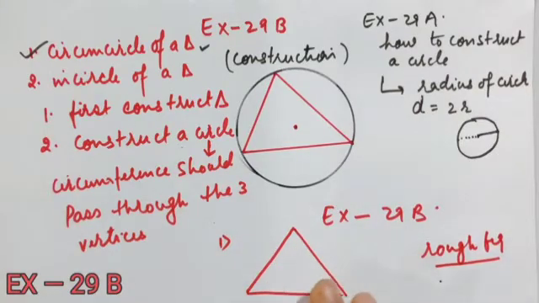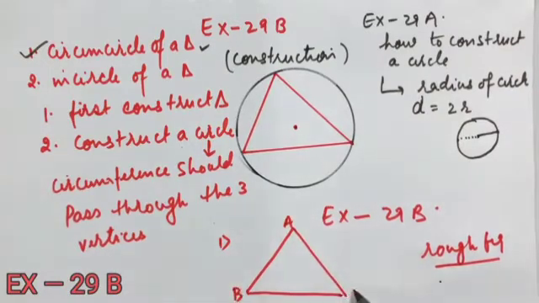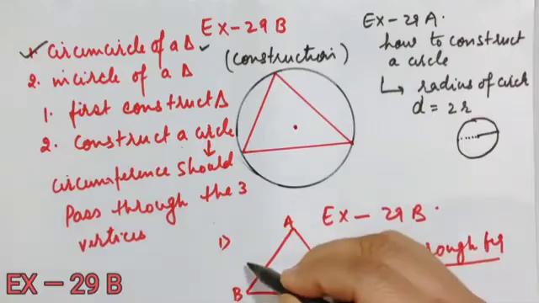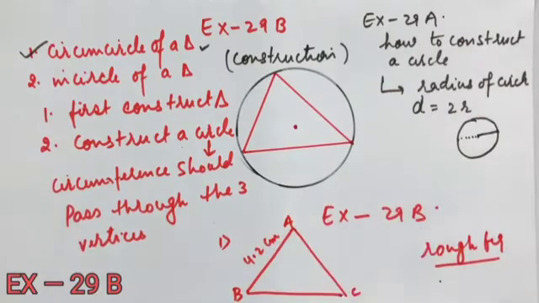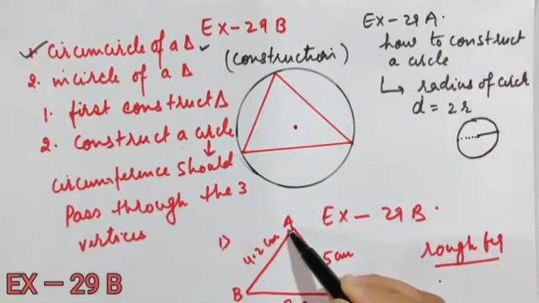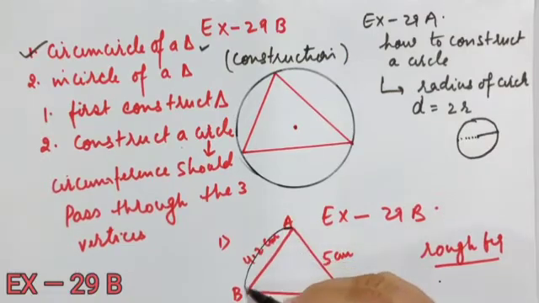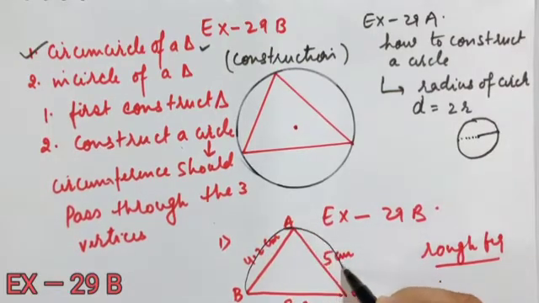So first you are asked to construct a triangle ABC, in which AB is equal to 4.2 centimeter, BC is equal to 8 centimeter और AC is equal to 5 centimeter. बाद में after you construct, then they are asking you to construct a circumcircle. मतलब एक सर्कल बनाऊंगा मैं जो कि that will pass through the vertices of this particular triangle.